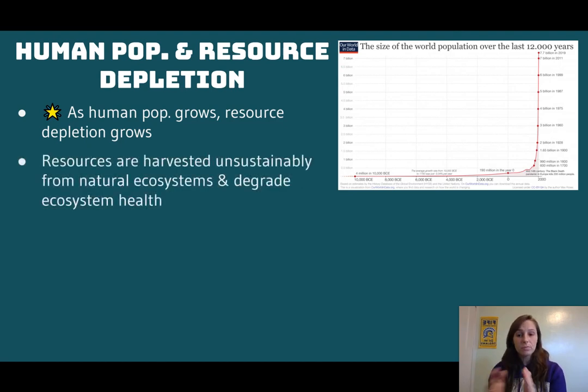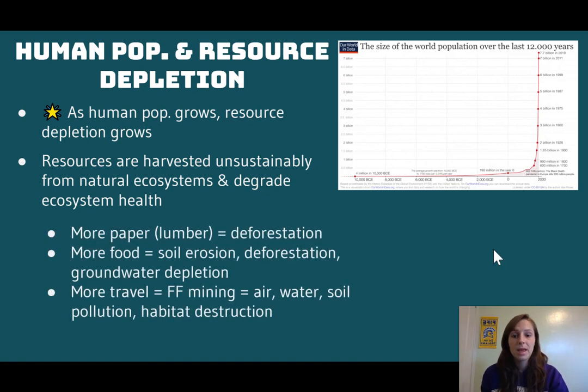Resources are going to be harvested unsustainably from natural ecosystems, and they're going to degrade that ecosystem health. So as we're taking out all these things that we need, it's going to lead to these ecosystems being less and less healthy. Now, some of the ways that this occurs, for example, when we have the need for more paper, this is going to lead to more deforestation.